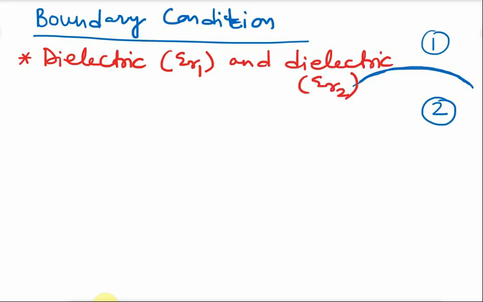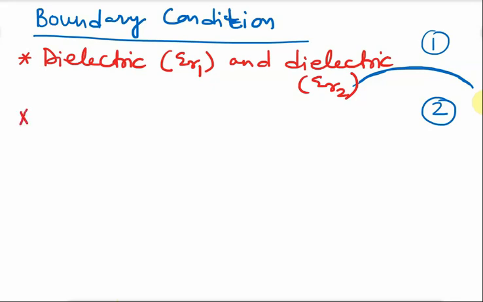So between the two dielectrics we can determine the boundary condition. That is, the first region is of one dielectric and the second region of a different dielectric, and at the boundary we have to determine the boundary conditions.